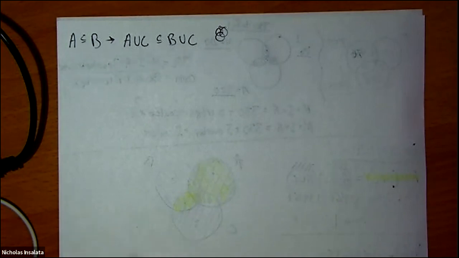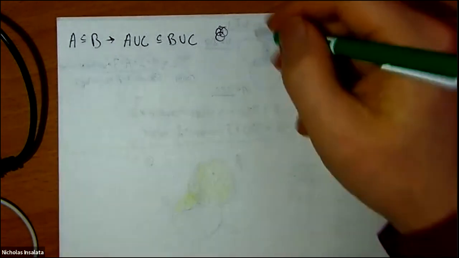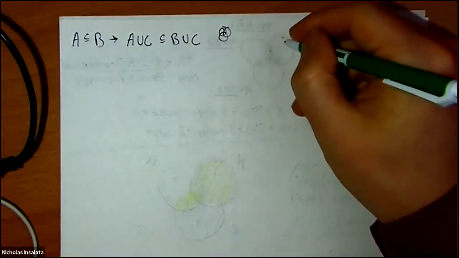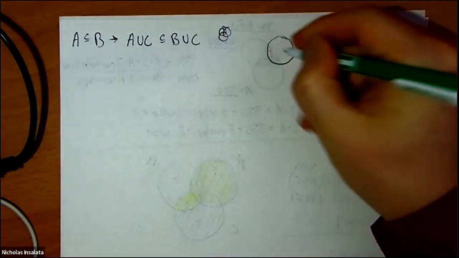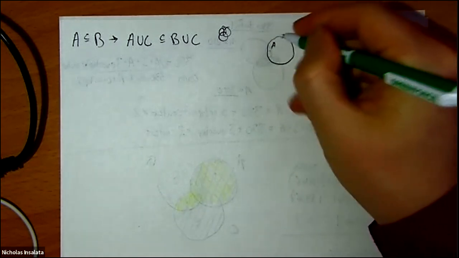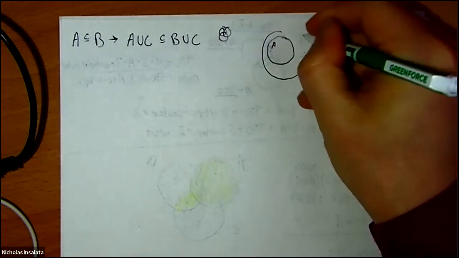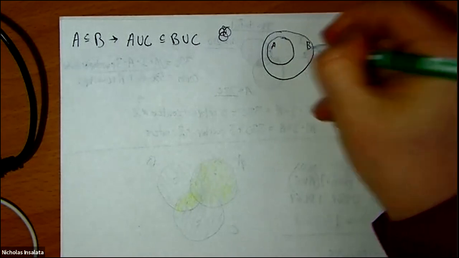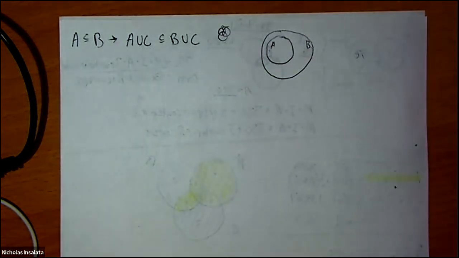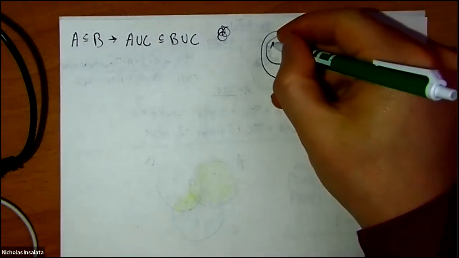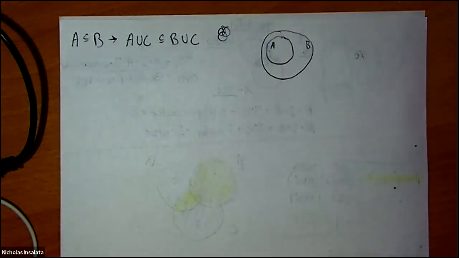Yeah, A has to be inside of B. That's our premise, right? So we would want a circle A inside of B. And then you said C is overlapping B. Is C overlapping A as well, or only B? It could overlap both. Good.